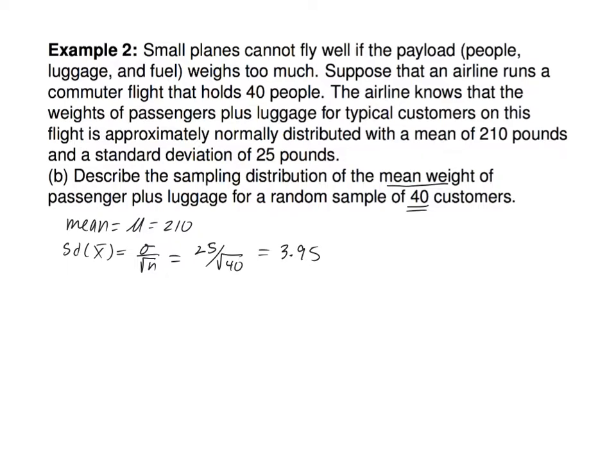All right. So 68% of x bar fall in 210 plus or minus 3.95, which is 206.5 to 213... I think I must have made a boo-boo. Should that be 206.05? Yes, it should be. Okay, I'm so sorry. So 206.05 to 213.95.